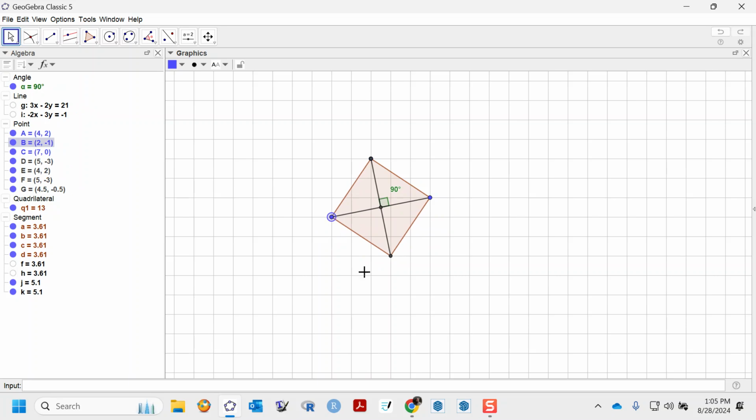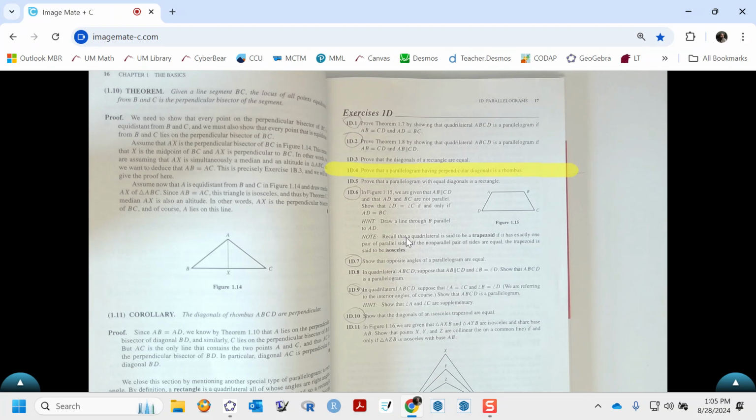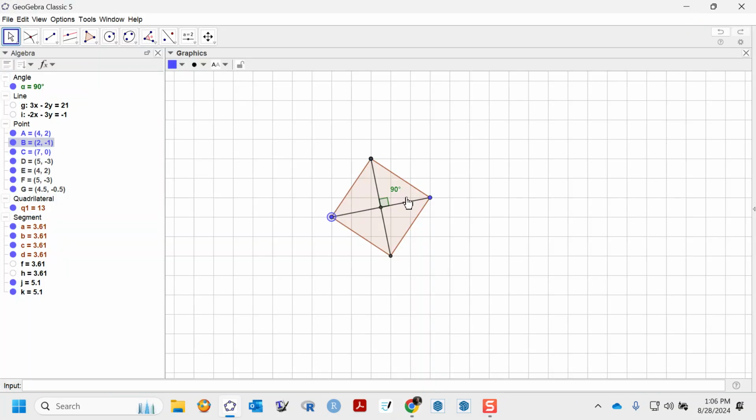So once again, let's just go back and remind ourselves what we're trying to prove or show. We're trying to prove that a parallelogram having perpendicular diagonals is a rhombus. So to ensure that it's a rhombus, we can look in a couple different places. One of the places we can look is right over here to see that indeed all four side lengths are 3.61.